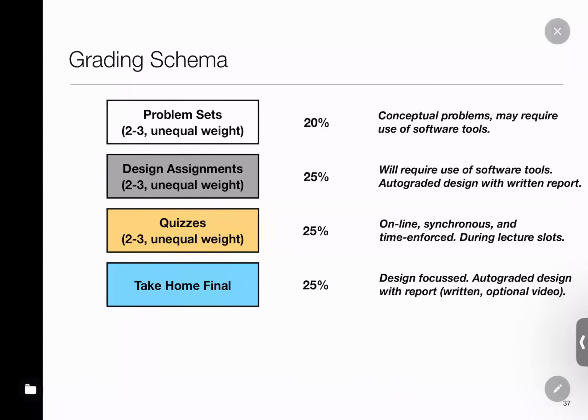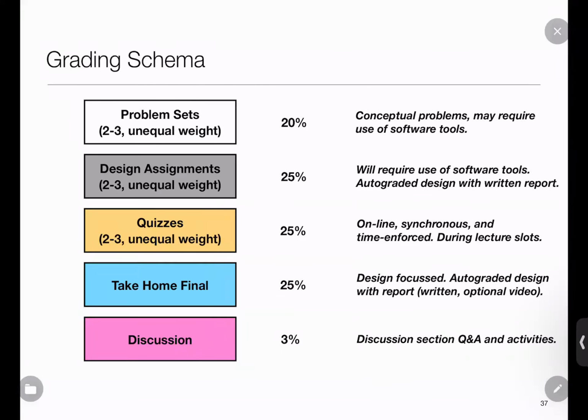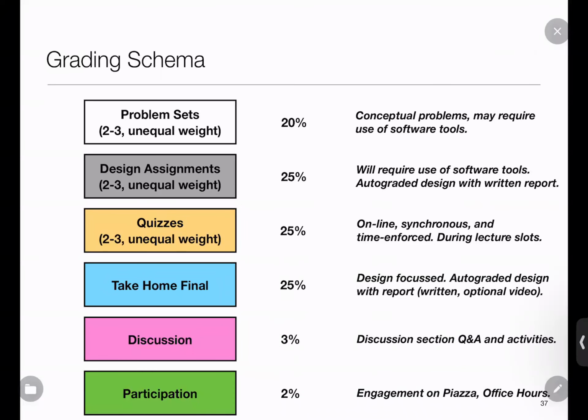Take home final. This is design oriented. Except for those of you who are honors students, I'm giving you an option of doing a research project instead. So if you're enrolled in 89, you have an option here. And then finally, discussion section and participation, we give points there.